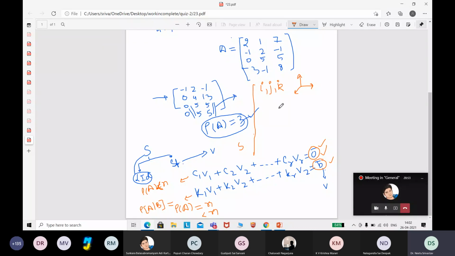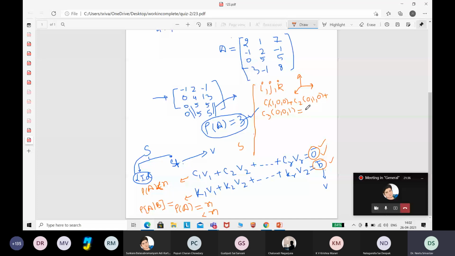Now, first let me check C1 into 100 plus C2 into 010 plus C3 into 001, it should be equated to 0.